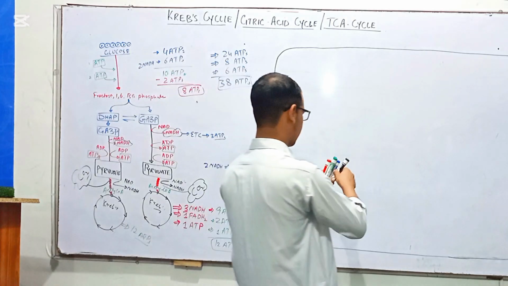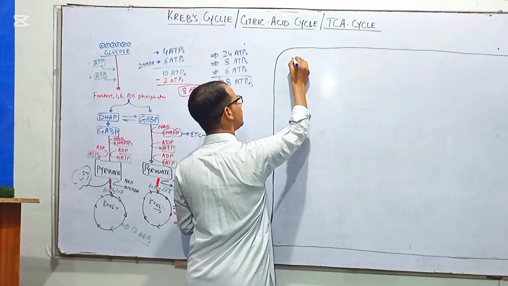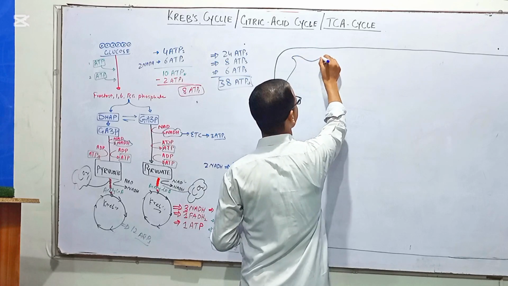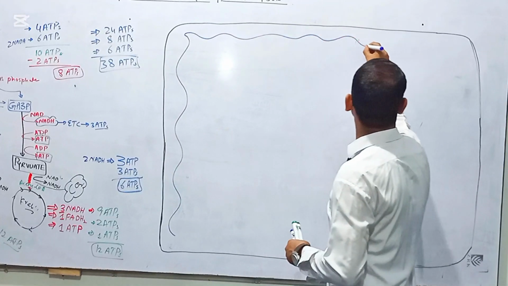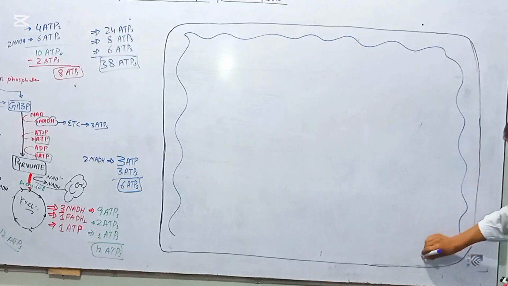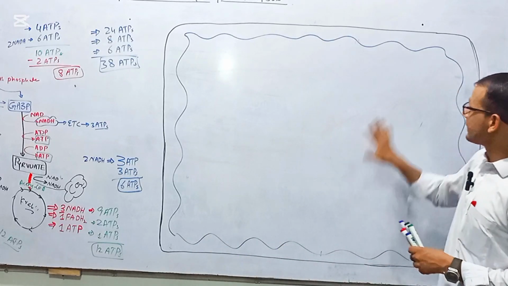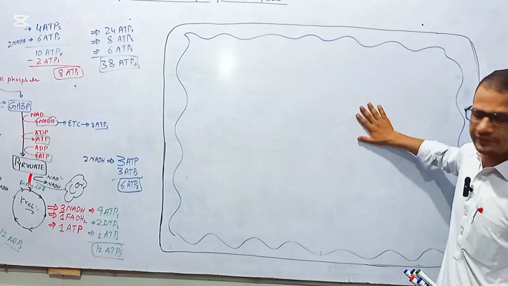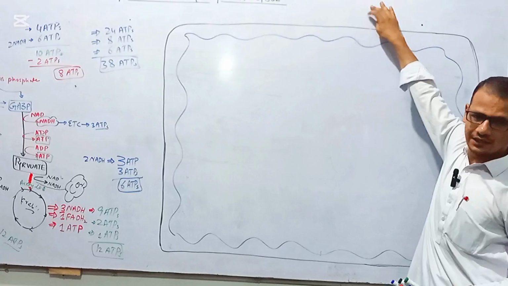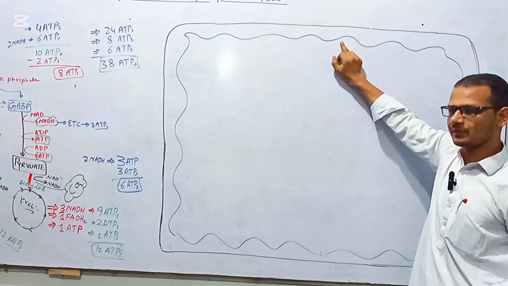So this is the outer membrane and this is the inner mitochondrial membrane. This area is called mitochondrial matrix. This area is called intermembrane space. This black membrane is called outer mitochondrial membrane and this blue is called inner mitochondrial membrane, right?